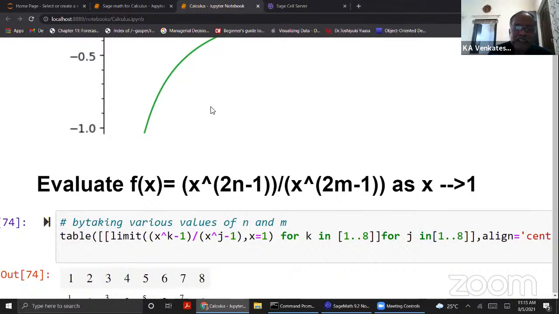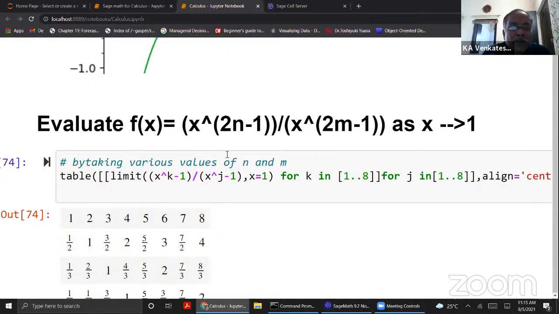Here the advantage is with a table. So now what I'm doing is the limit of x power k minus 1 divided by x power j minus 1 as x tends to 1. For these indices, I have to define some values, various values, 1 to 8 for k and j for m. I'm creating a table where that value is supposed to lie.